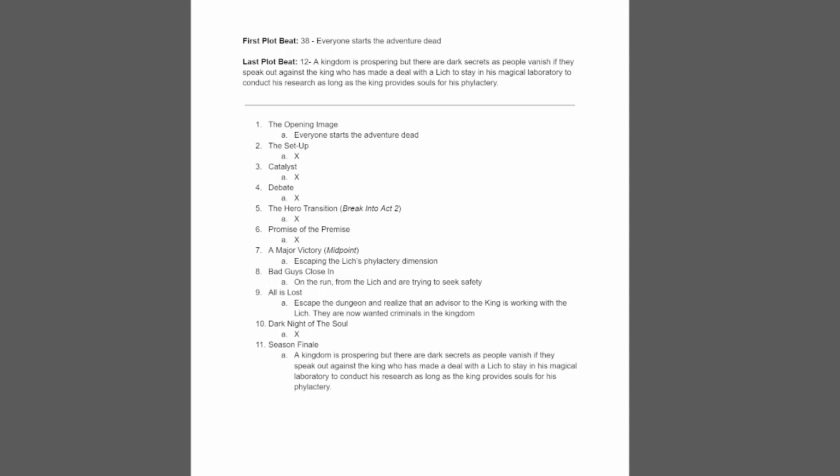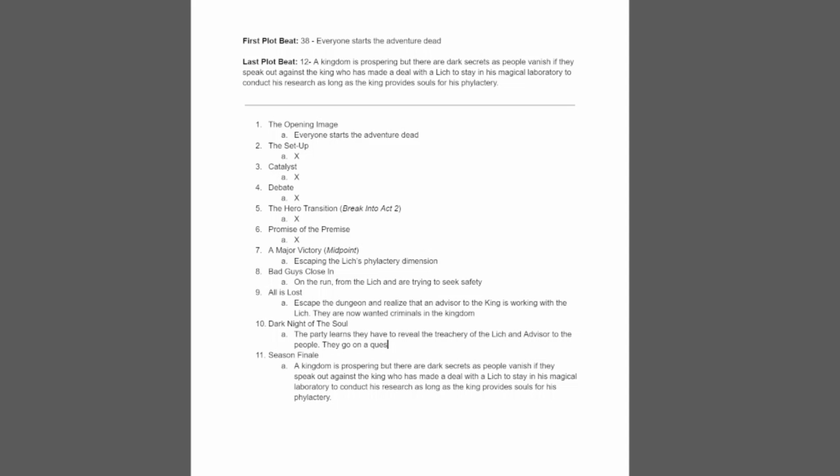We can just do something very basic like that. And again, this is a vacuum. This is not good, but we're just showing how this goes. So they're wanted criminals in the kingdom, and maybe then Dark Night of the Soul. The party learns they have to reveal the treachery of the Lich and advisor to the people.